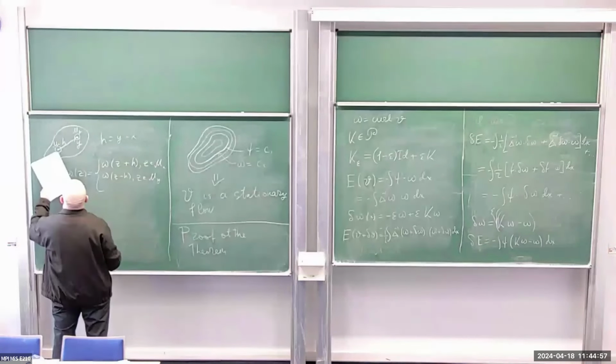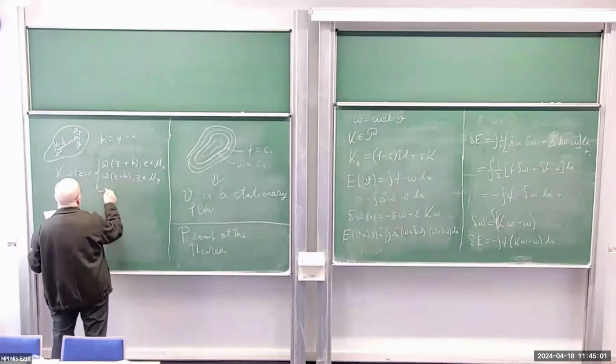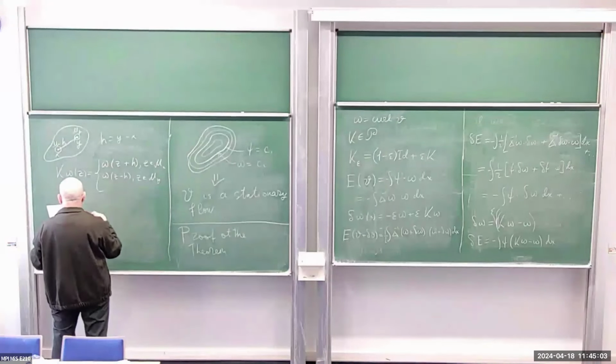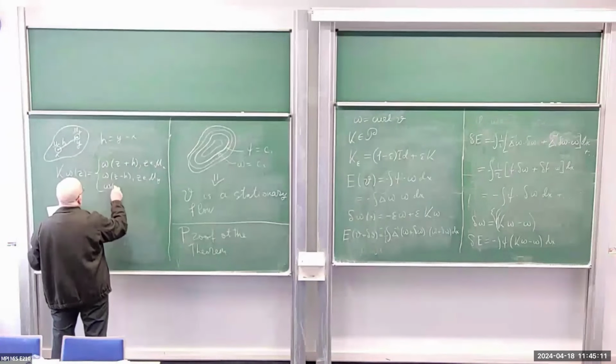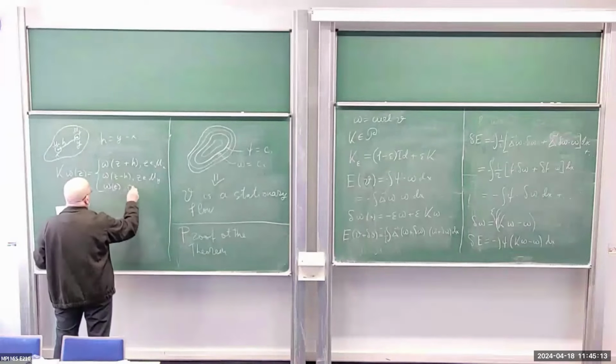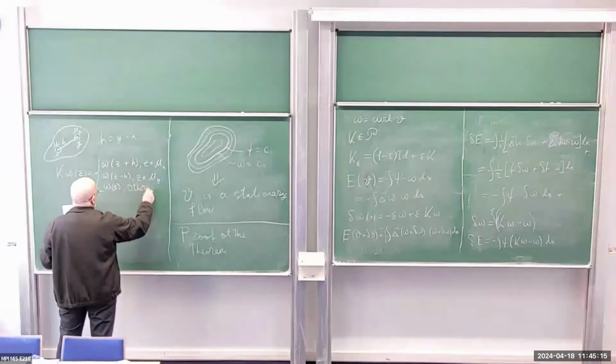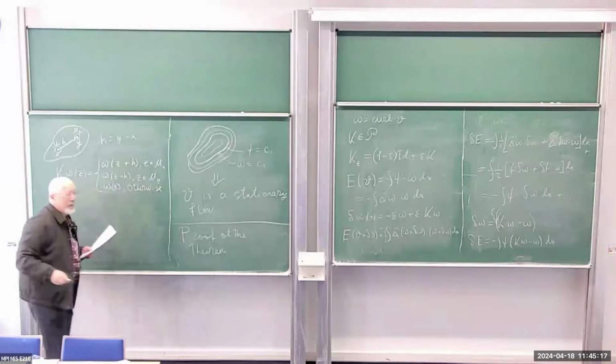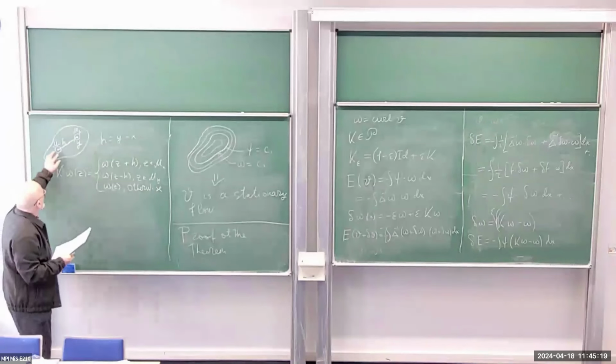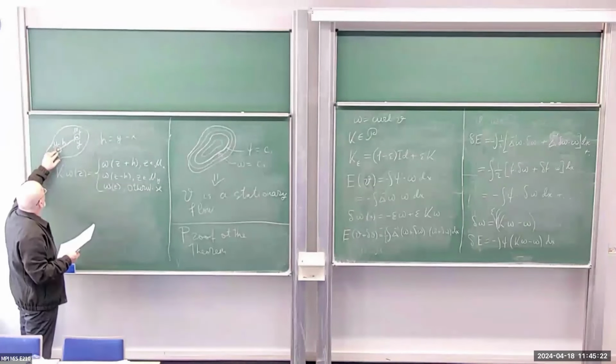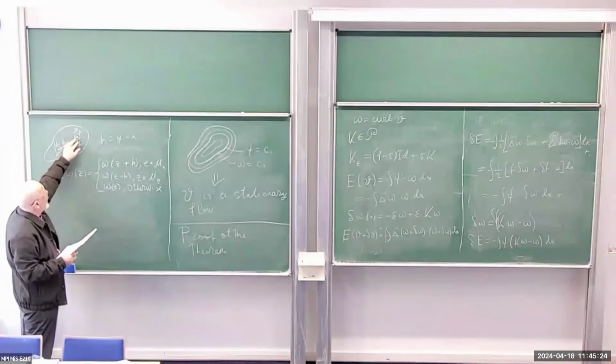So if X is here, X plus H is Y. And omega of Z otherwise. So this means we take the function here and move it here.